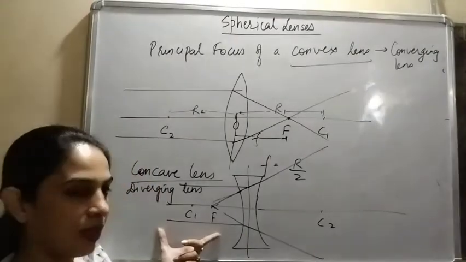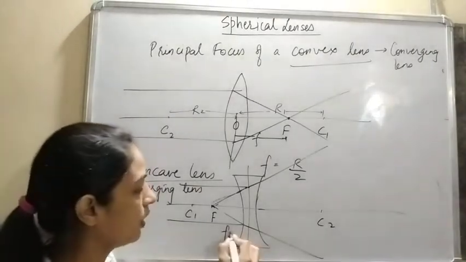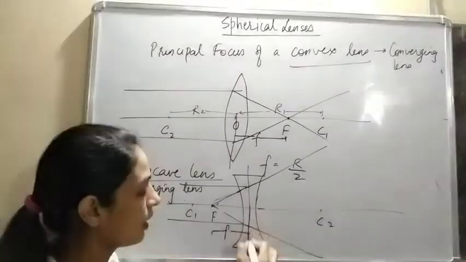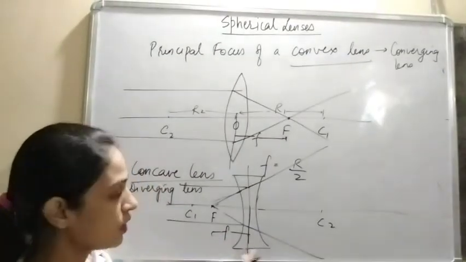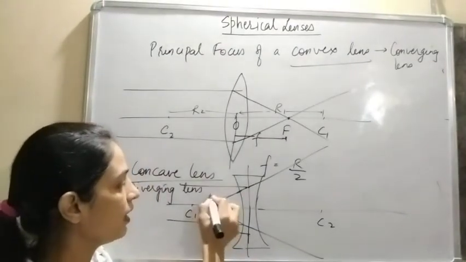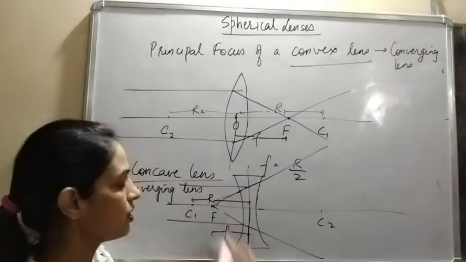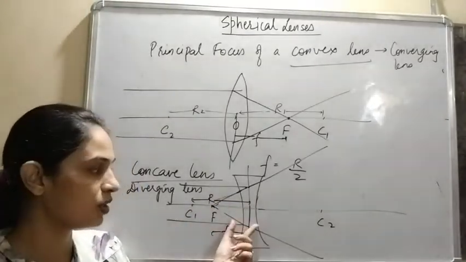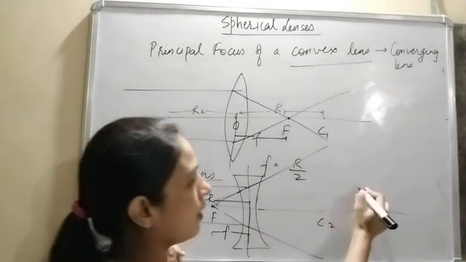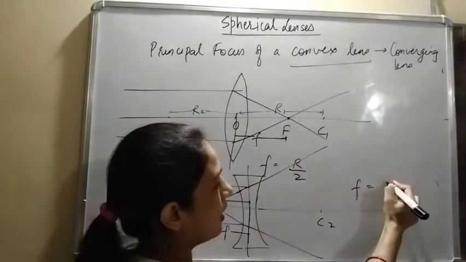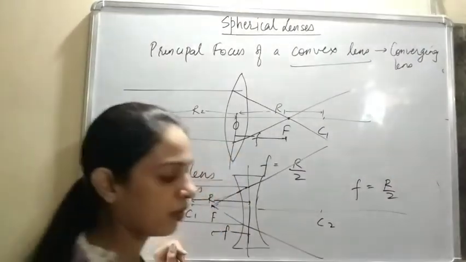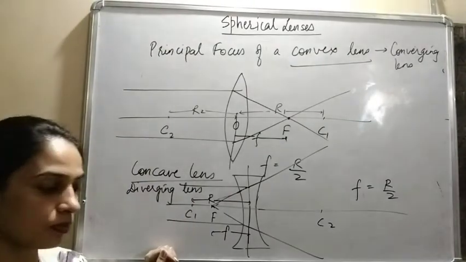So here also the focal length is the distance of the principal focus from the optical center. Radius of curvature is the distance of the center of curvature from the optical center, and focal length is half of the radius of curvature, right?